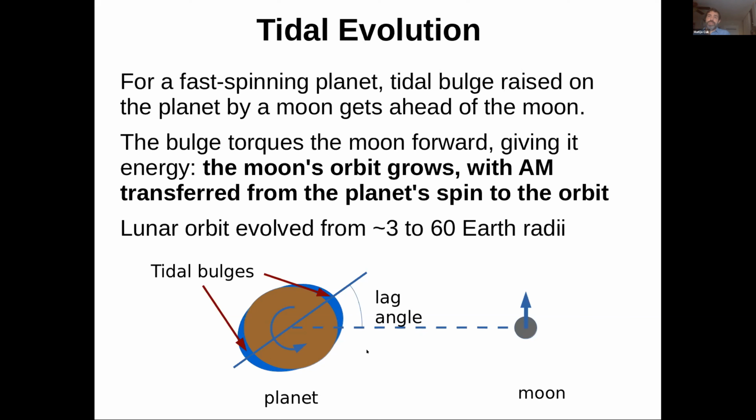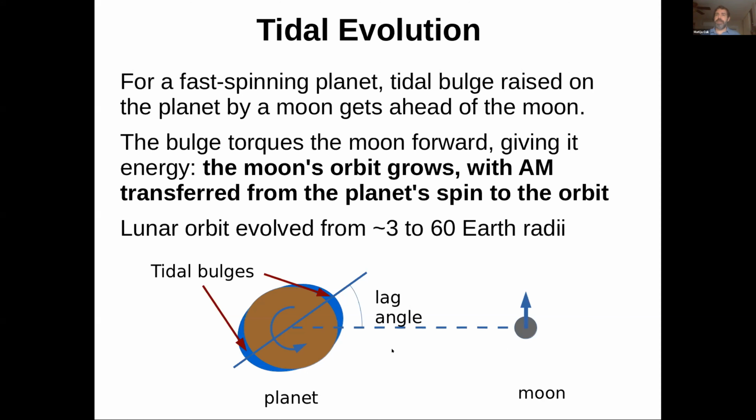And because the planet is rotating fast, the elongation tries to get ahead of the satellite's motion, and there is a torque on the satellite pulling it forward in its orbit. The net result is that the satellite gains angular momentum and gains orbital distance. So the orbit of the satellite gets bigger while the planet slows down its spin. This is how it works on Earth.